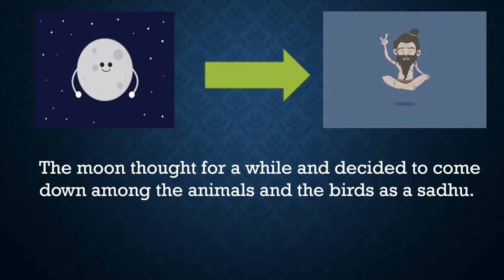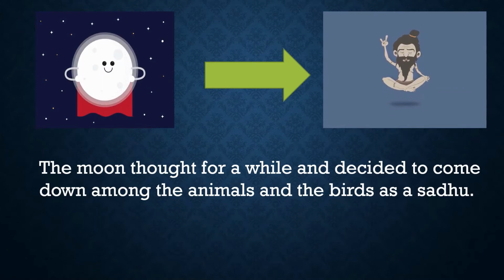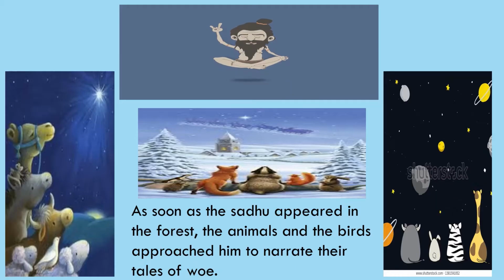So he decided to come to the earth in the form of a hermit to solve the disputes among them. As soon as the sadhu appeared in the forest, the animals and the birds approached him to narrate their tales of woe. When the rishi or the sadhu came down to the forest, the animals met him to explain their story of sorrow. Woe means sorrow and tales means story. So, story of sorrow.